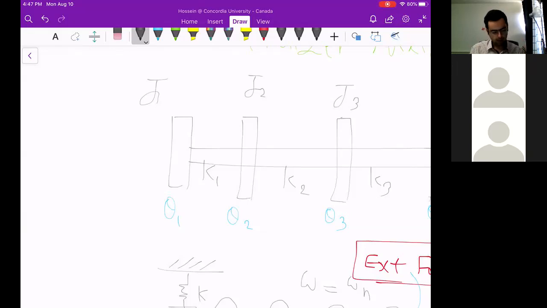Note that K1 and K2 both relate to point 2, and you have to consider a relative deflection because K1 is connected to J1 and J2 and K2 is connected to J2 and J3.